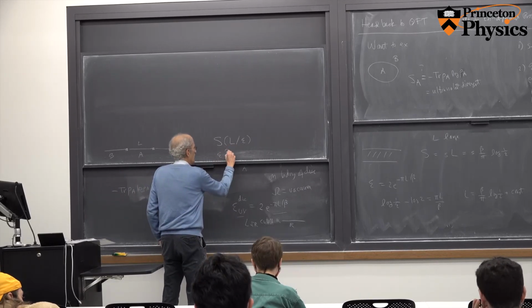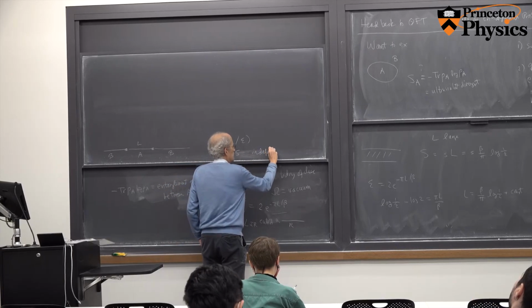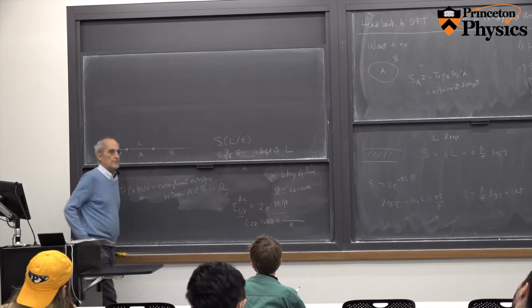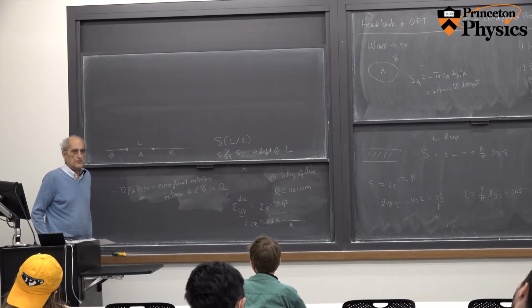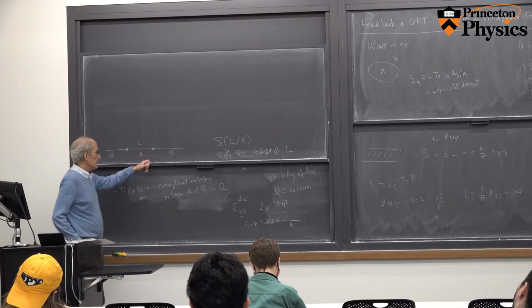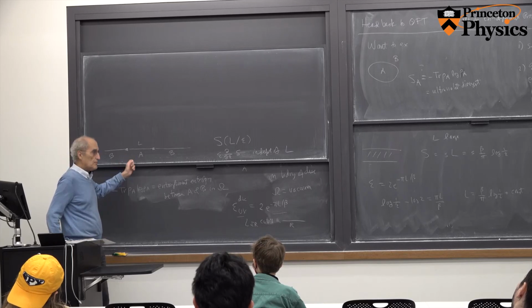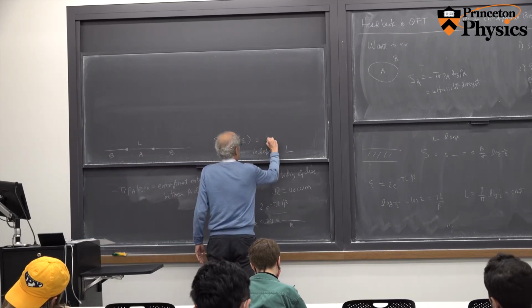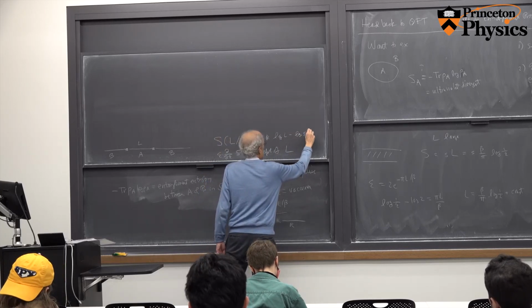But I also said that epsilon d by d epsilon of S is independent of L. That was because the dependence on epsilon can only come from an ultraviolet divergence. And an ultraviolet divergence will be local and doesn't know how far away the other boundary is. So combining the two facts, we learned that the entropy had to be a constant times log L minus log epsilon.